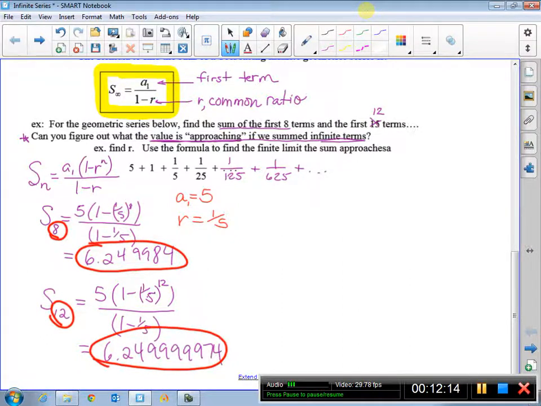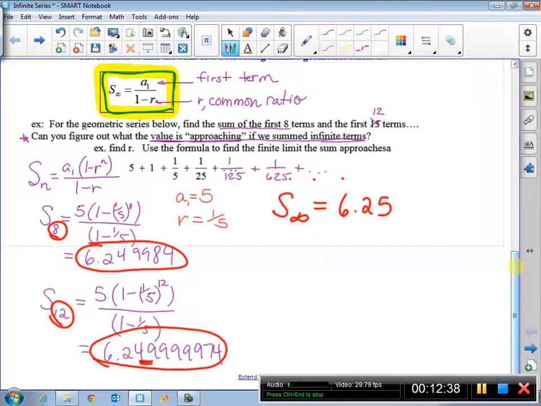What do you think the sum would be for the infinite series if we could keep adding on these smaller and smaller and smaller fractions? Any guesses? Well, it's 6.25. See how close this is getting to 6.25. So we're actually going to use the formula to get that. So now if I actually just said, I'm going to use this formula to find the sum of the infinite series, then it would be a sub 1, which we know is 5.